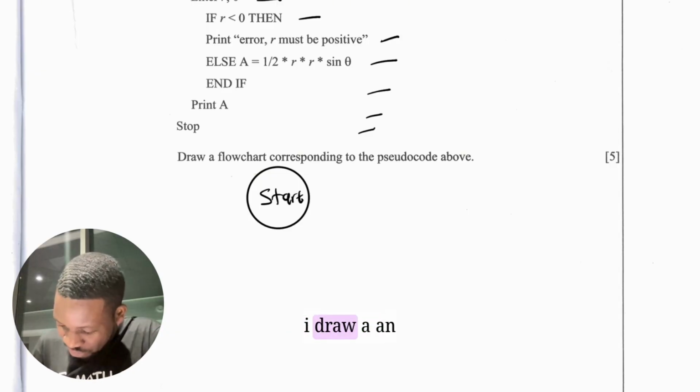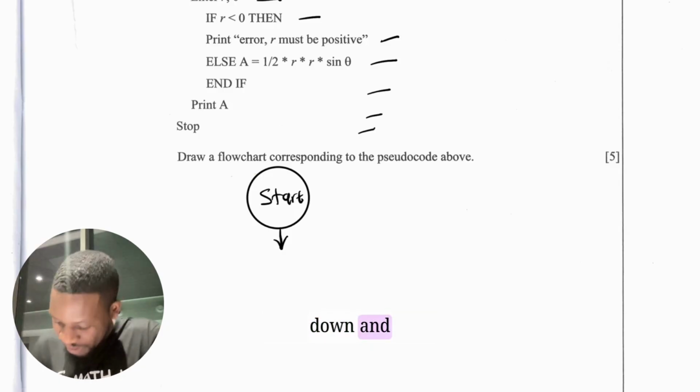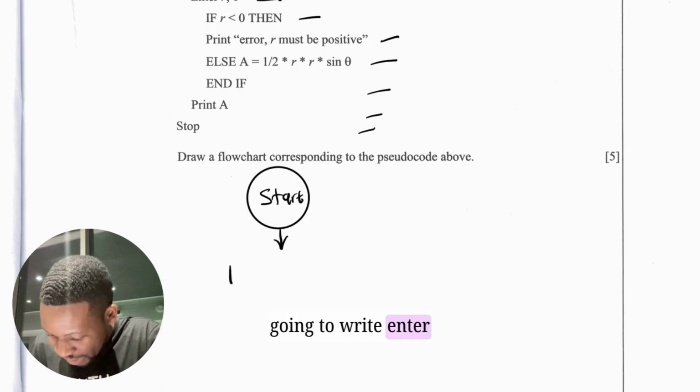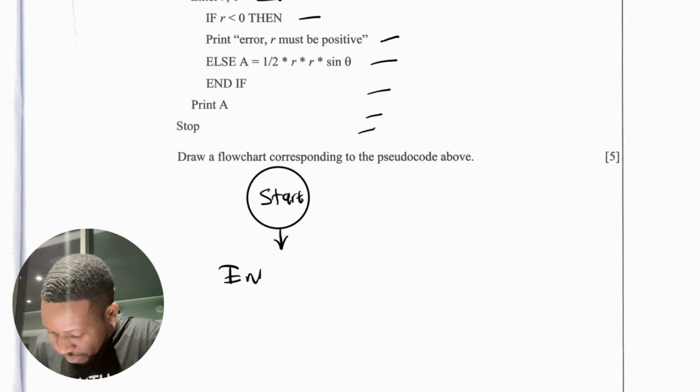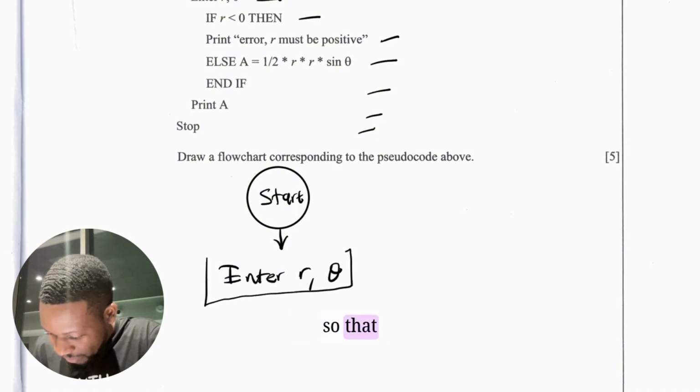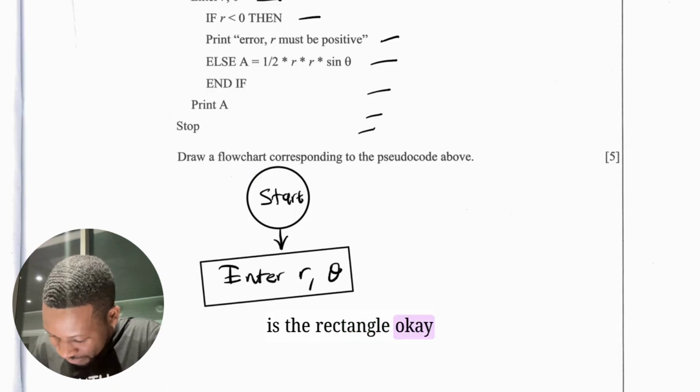Okay, so I draw an arrow that is flowing down, and in the rectangle I'm going to write enter. We are going to enter the radius and theta. So that is the rectangle.